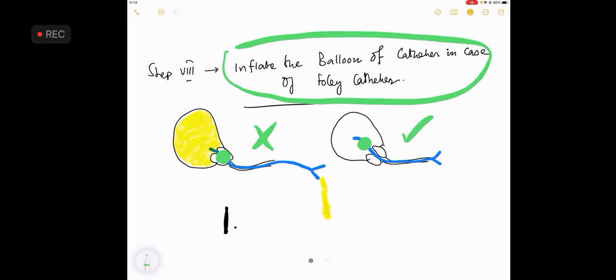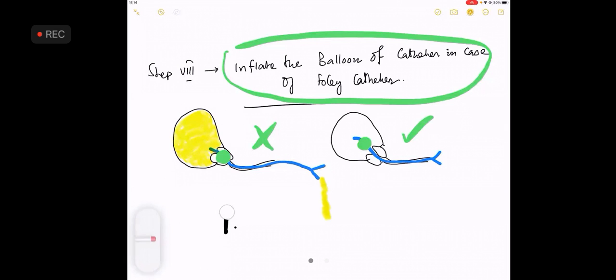This is mandatory. The full length of the catheter must go into the urethra, and then you inflate after urine comes. So basically this is what all surgeons are going to hear from you to give you at least 60% marks. If you have not said this, you will not be getting those marks.